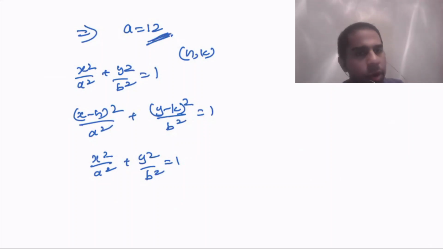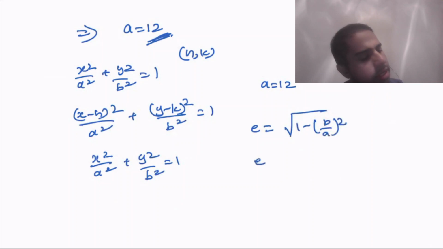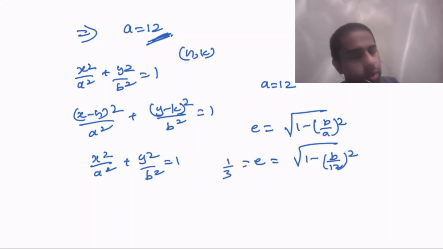Now here we have found a is equal to 12. We also know that eccentricity is given by the root of 1 minus b by a the whole square. So eccentricity is equal to root of 1 minus b by 12 the whole square, which is equal to 1 by 3. Eccentricity is given as 1 by 3.